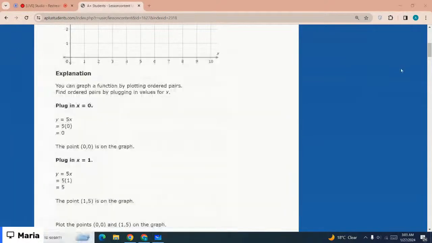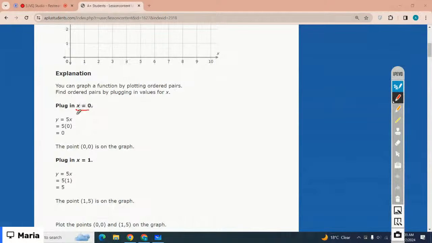Then plot them on the graph. For example, the first one here is replace x with 0. So when you replace x with 0, 5 times 0 is 0. That means when x is 0, y is 0, here is an ordered pair. Then when x equals 1, 5 times 1 equals 5. So here is the point 1 and 5.